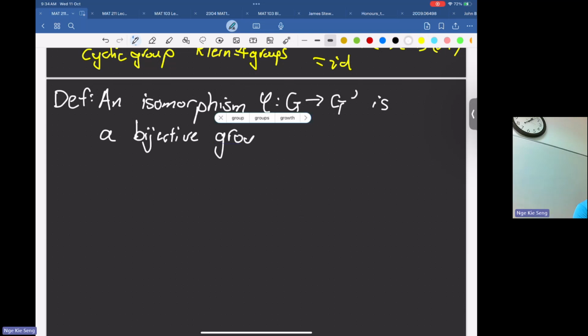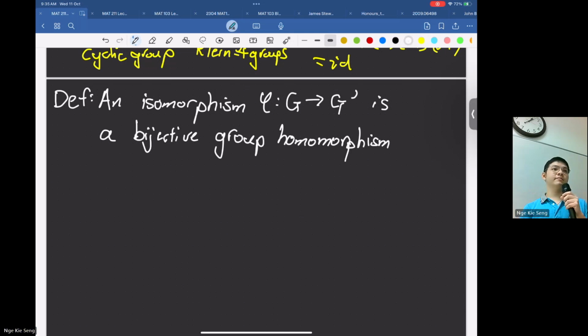That's all. To be isomorphic, they need to have a bijective map which is also a group homomorphism. Bijective plus group homomorphism is isomorphism.